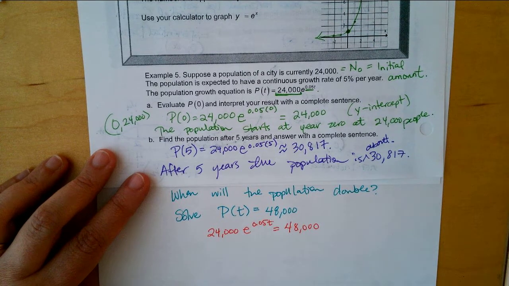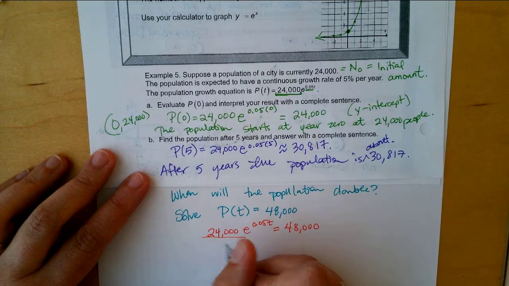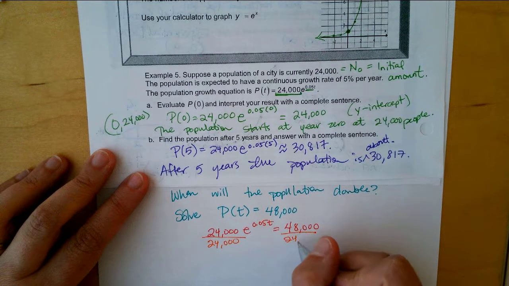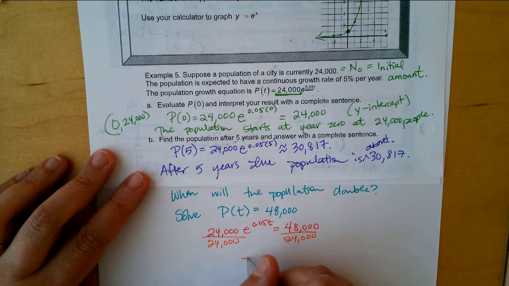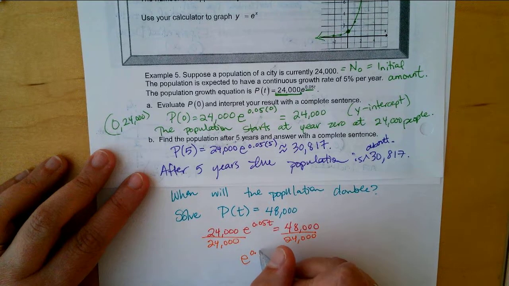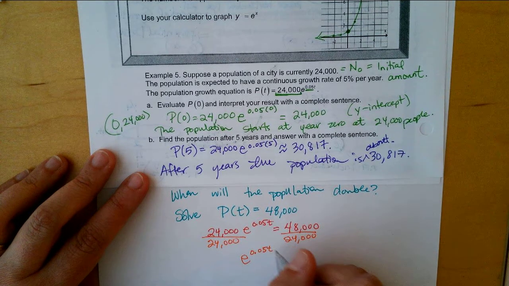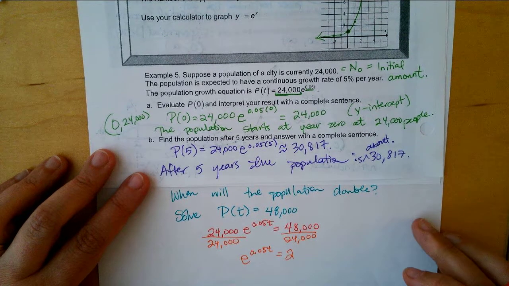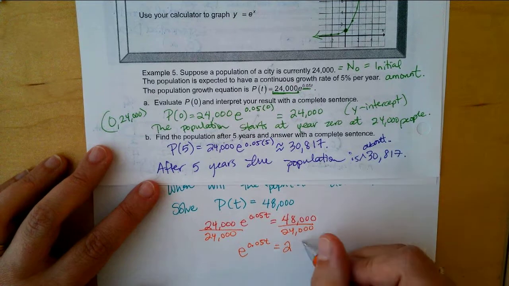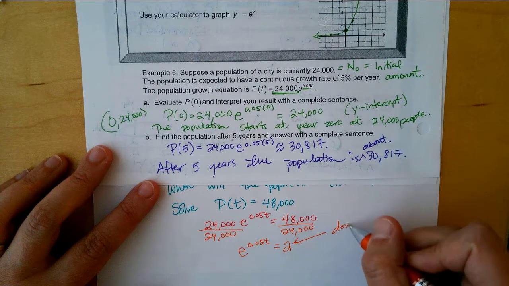Well, this is just multiplied, so could I divide both sides by 24,000? Does that make sense as an inverse operation? I'm kind of getting closer to getting my variable by itself. How many times does 24,000 go into 48,000? 2 times. Oh, there's where you get the idea of double.